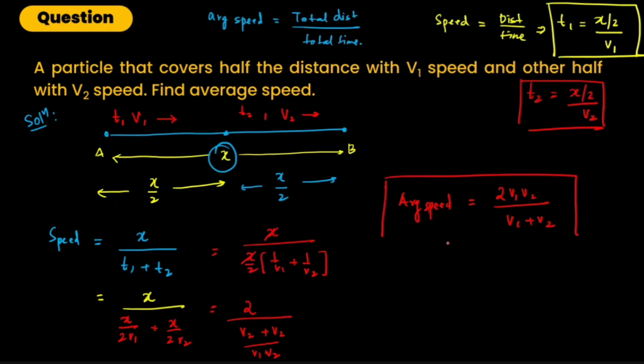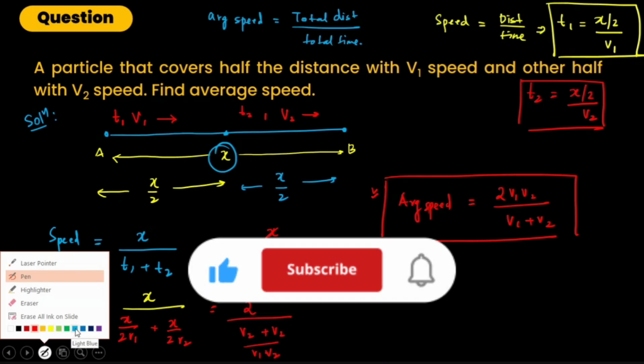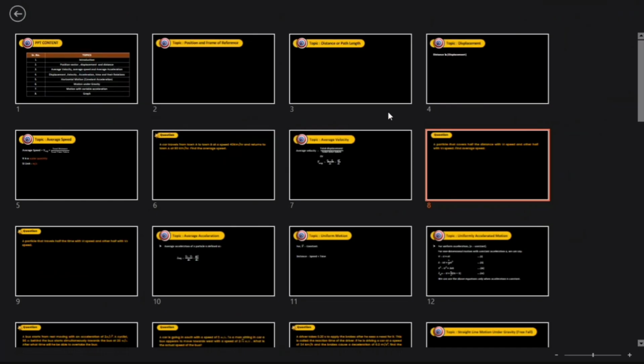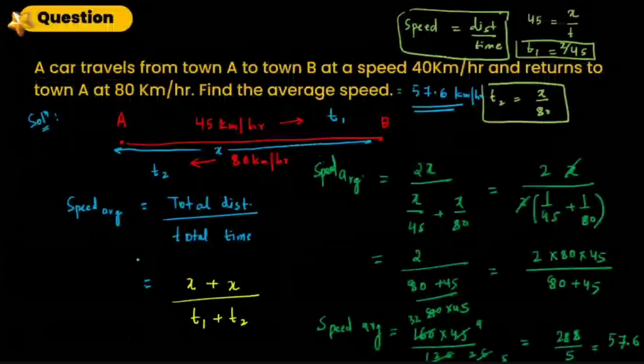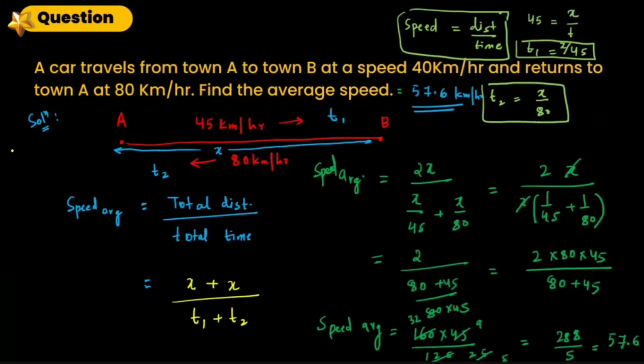Although this is a generalized case, there are questions based upon that relation only. So in the previous question, if we apply the same formula, you can get the answer in one line. Let me show you. Let us apply the same relation. The relation was average speed is 2 v1 v2 by v1 plus v2.